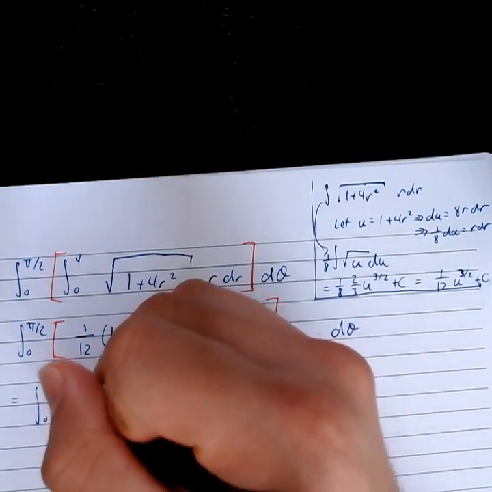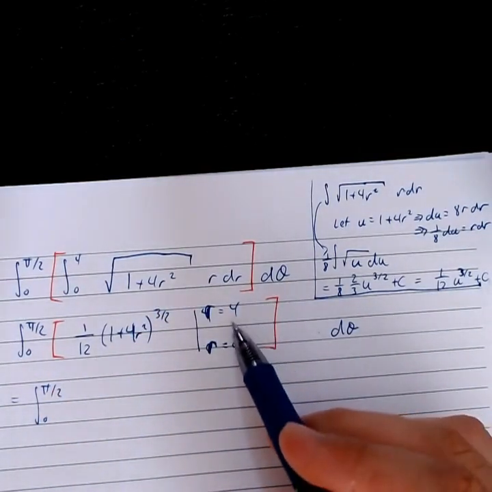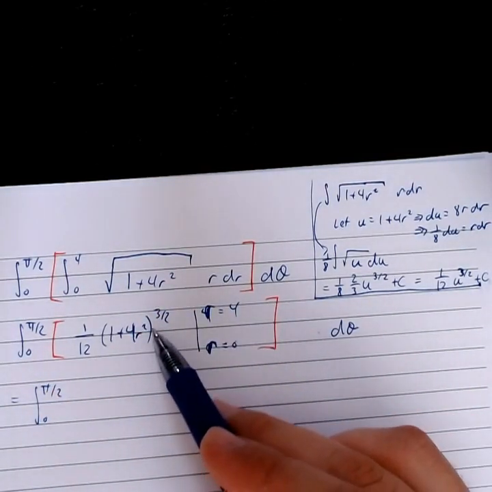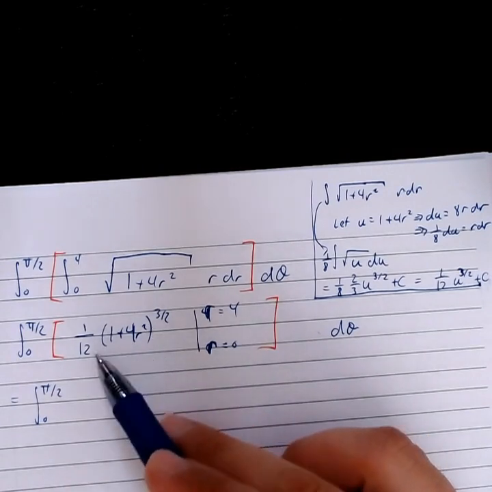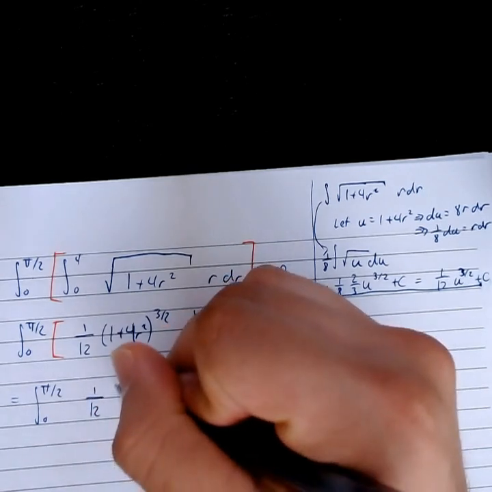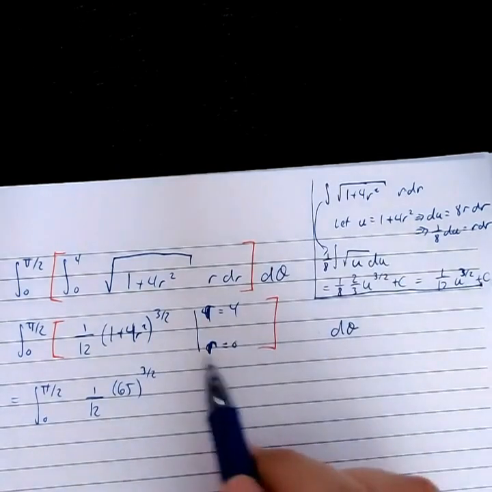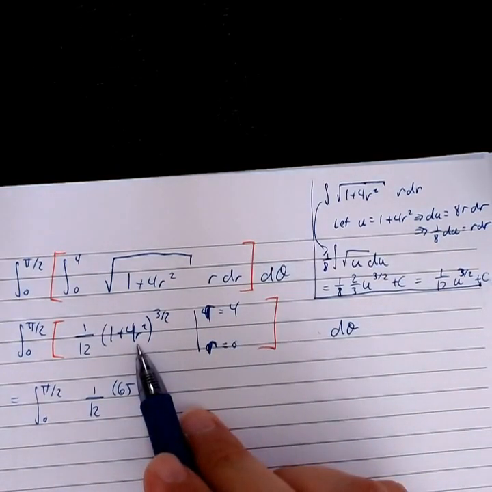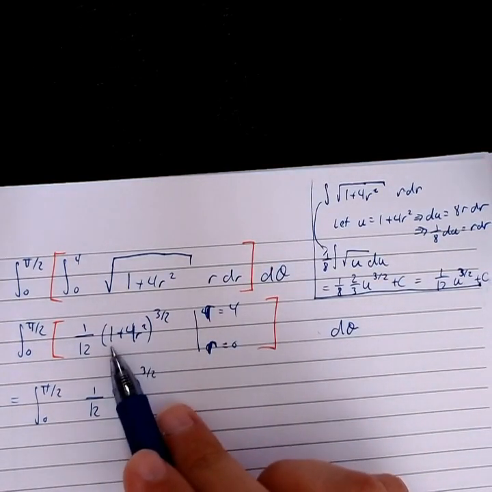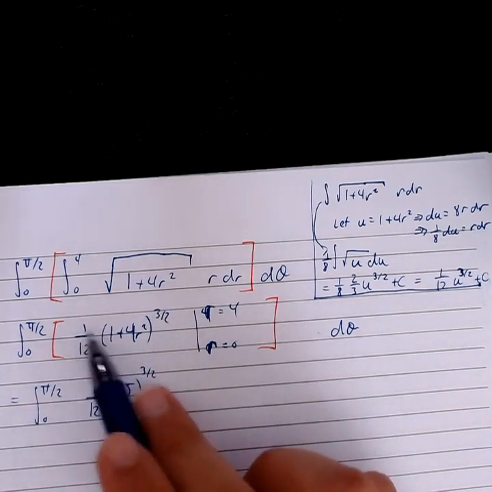So this is now the integral from 0 to pi over 2 of, and I'm still in the parentheses. If I plug in 4 right here, 4 times 4 is 16, times 4 is 64, plus 1 is 65. So it's going to be 1/12 times 65 to the 3/2 power. If I plug in 0 right here, that's going to be 0 plus 1 is 1. 1 to the 3/2 is still 1 times the 12th.